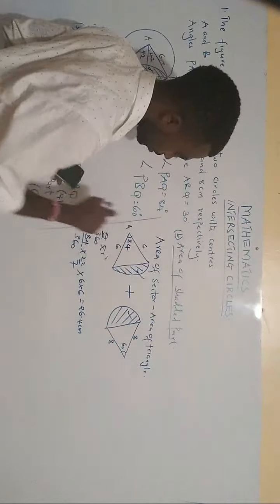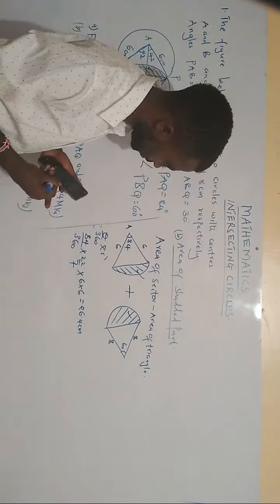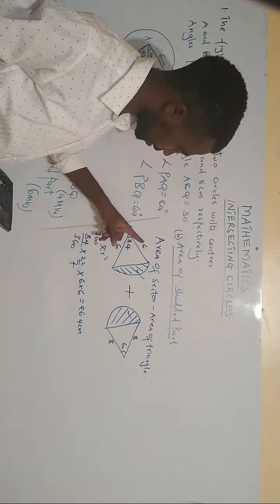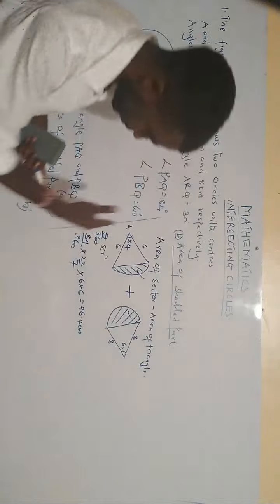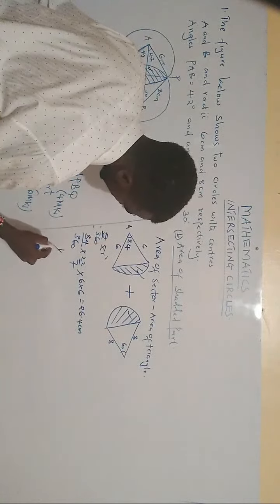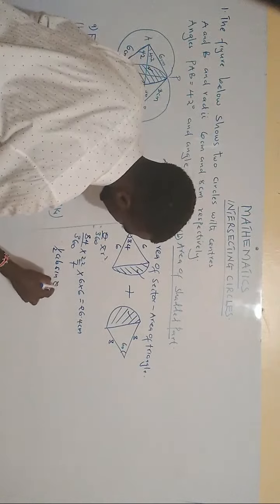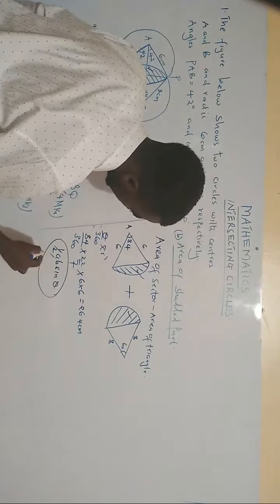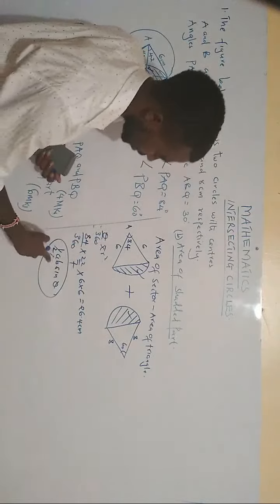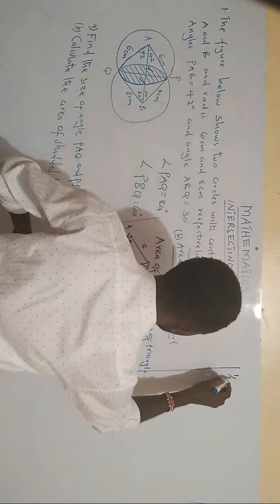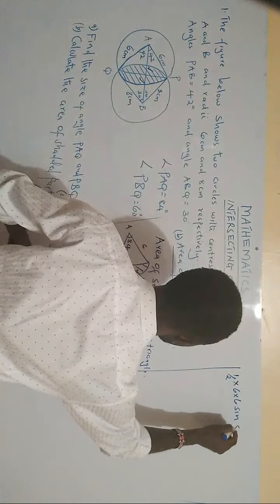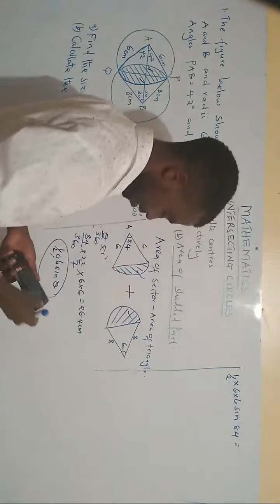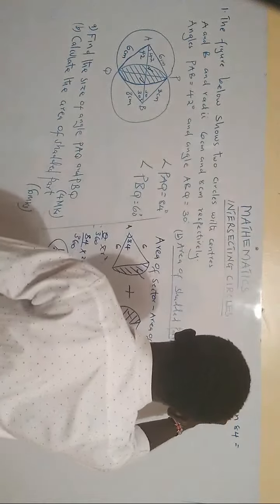Now let's get the area of this triangle. When you have an isosceles triangle with two sides given and a subtended angle, the formula we use is half ab sin theta, where a and b are the two sides. So it will be 1 over 2 times 6 times 6 times sin 84.